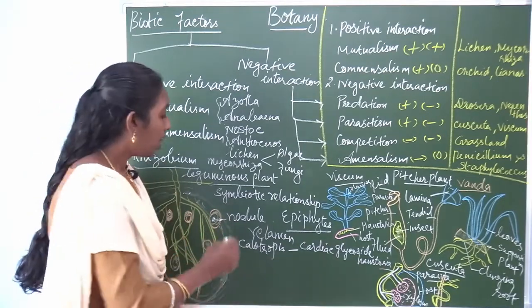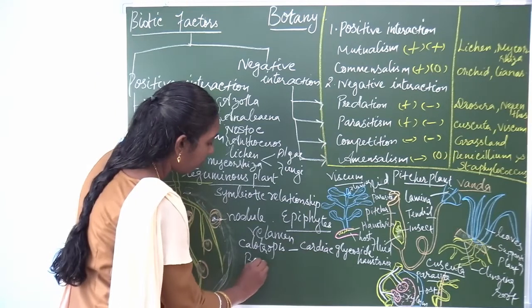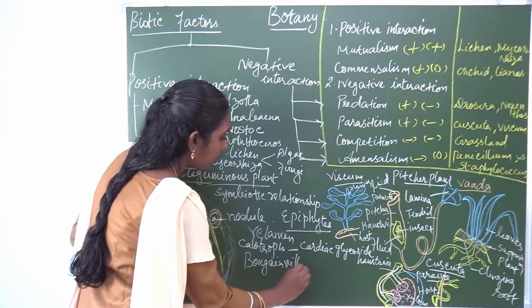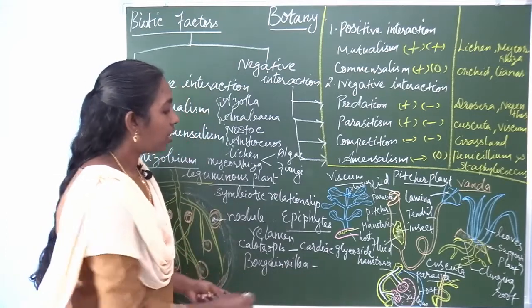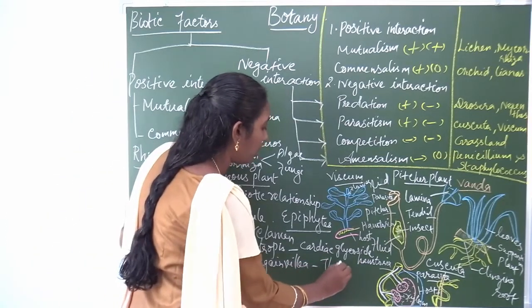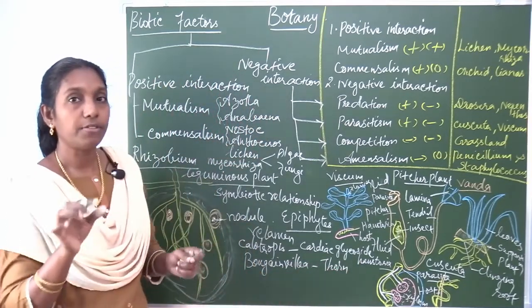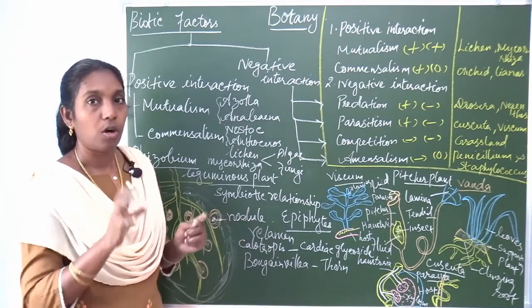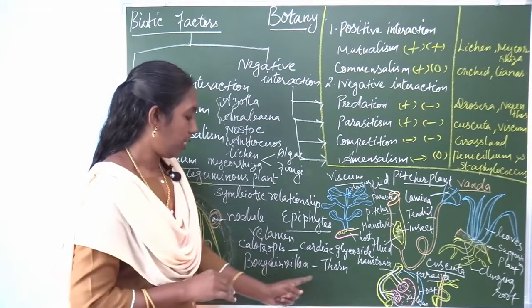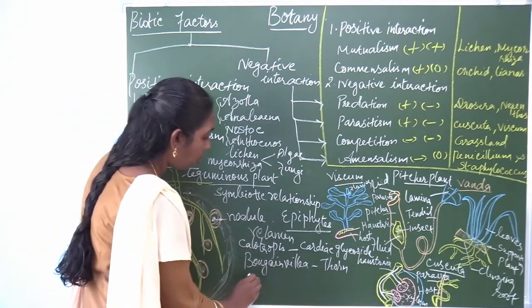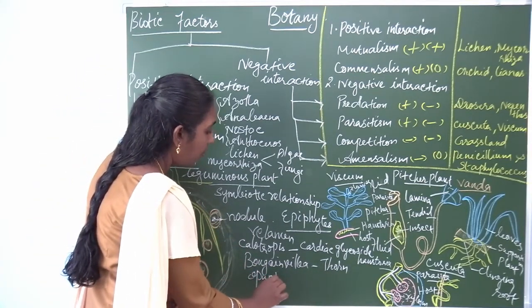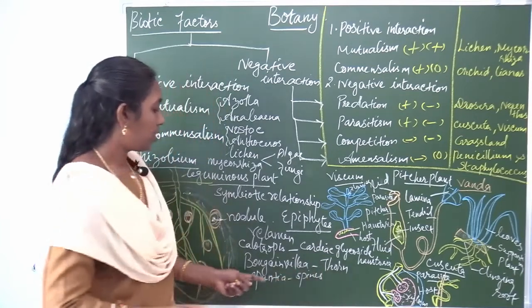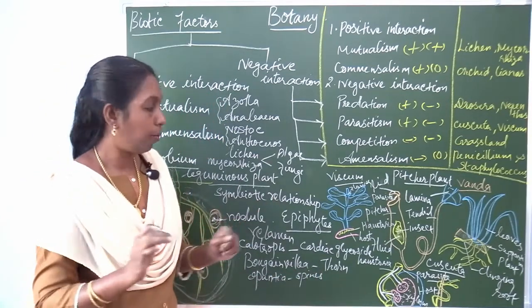Calotropis. Bougainvillea: in Bougainvillea there are thorns. It produces thorns. If thorns are there, the animals cannot graze or browse this plant, so it escapes. Likewise, Opuntia: spines are present in Opuntia.